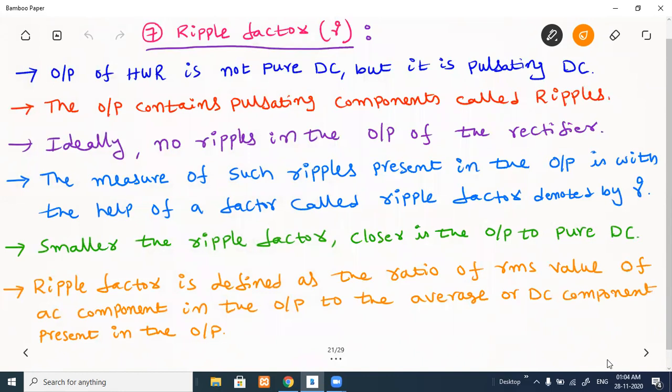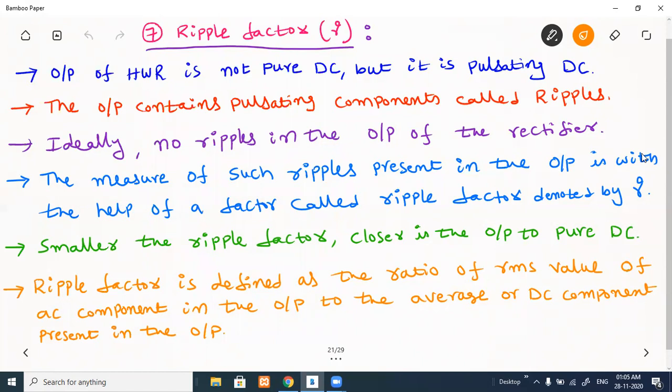The seventh characteristic of a half-wave rectifier is ripple factor, and it is denoted by gamma. The output of a half-wave rectifier is not perfect DC. It is pulsating in nature. That's why we can call it a pulsating DC. The output of a half-wave rectifier consists of a pulsating component, which we can call ripples. Ideally, in the output of the rectifier, there should not be any ripples.